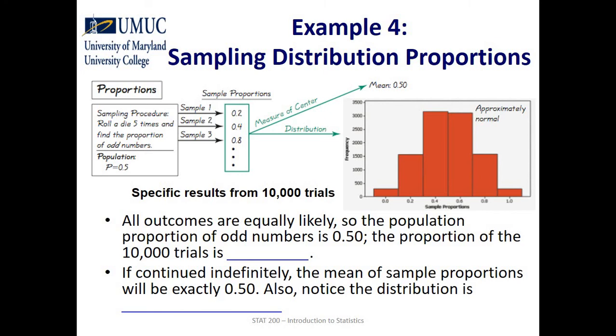Okay, all outcomes are equally likely, so the population proportion of odd numbers is 0.5. The proportion on 10,000 trials here also came out to be 0.50. If we continue indefinitely, the mean of the sampling proportions will be exactly 0.5, which they already are. And also notice that this distribution is approximately normally distributed.